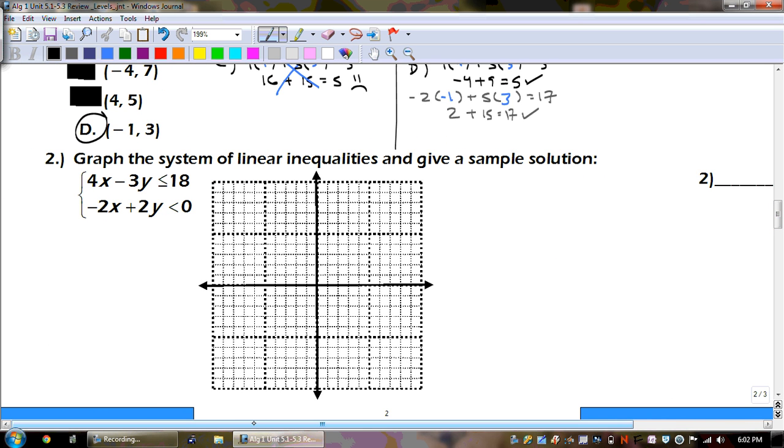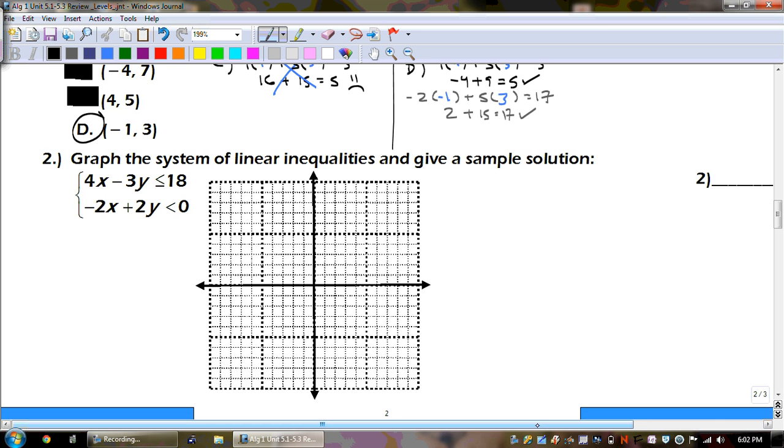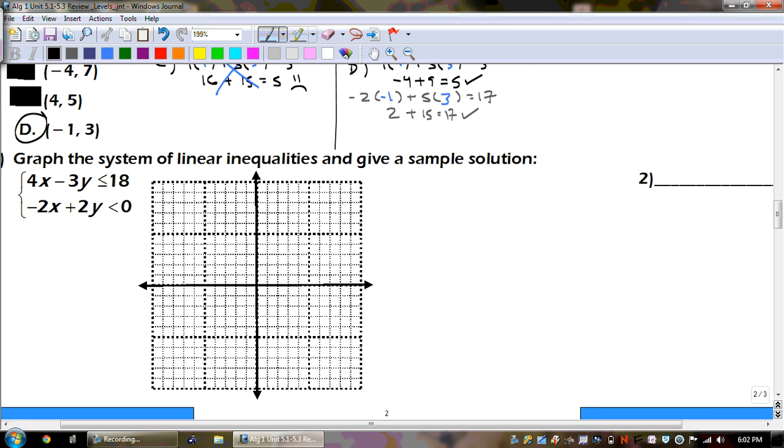Okay, number 2. It's asking us to graph the system of linear inequalities and give a sample solution. So I'm going to come over here, and here's our first inequality. We have 4x minus 3y is less than or equal to 18. We'll solve the first one together, and then you can solve the second one on your own.